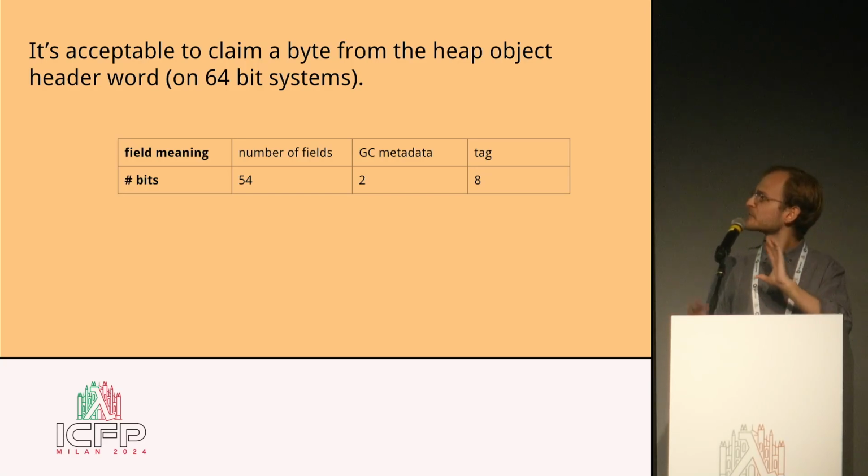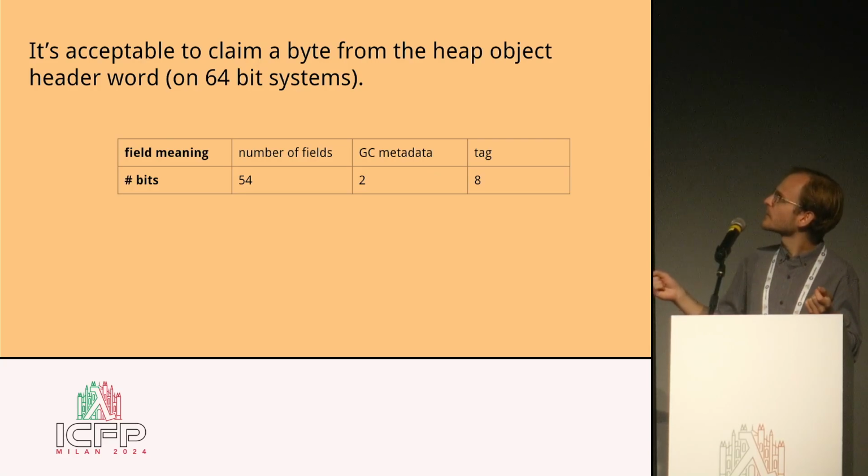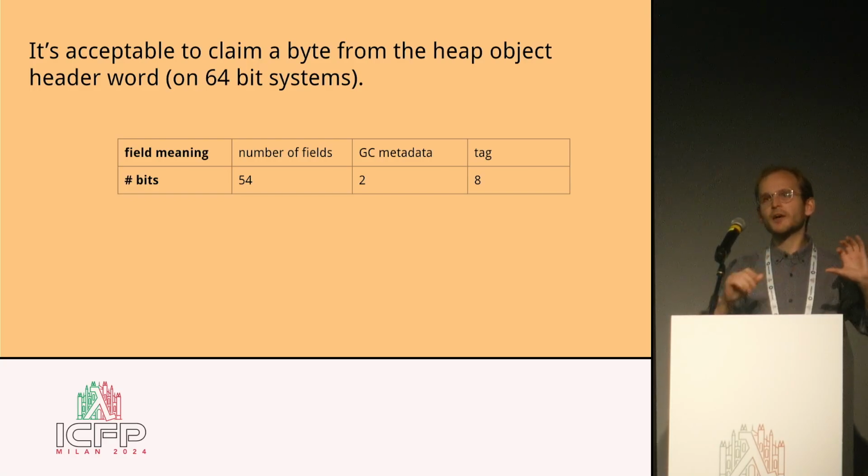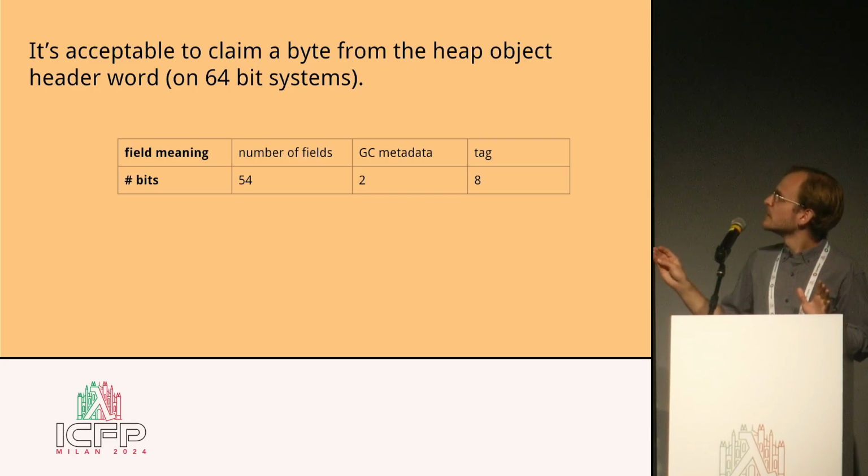So let me tell you a bit about how this works. What we end up doing is we steal a byte from the header word in order to encode this length. In the current layout of the header word in existing OCaml, the bottom byte is used to encode the tag.